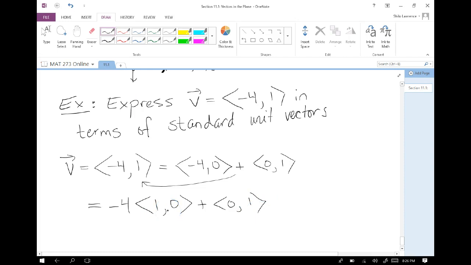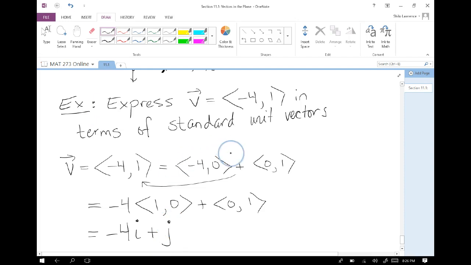My goal was to get this in terms of my standard unit vectors, which have components 1, 0 and 0, 1. So now that we have this in that form, 1, 0 is equivalent to the standard unit vector i. So this is -4i. And then 0, 1 is equivalent to a standard unit vector of j. So this is just plus j.